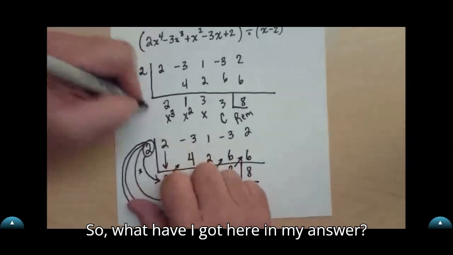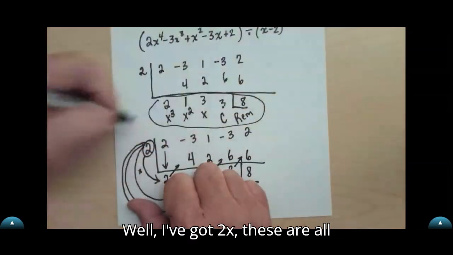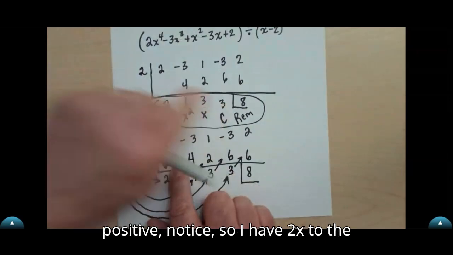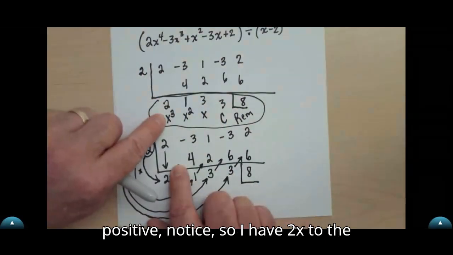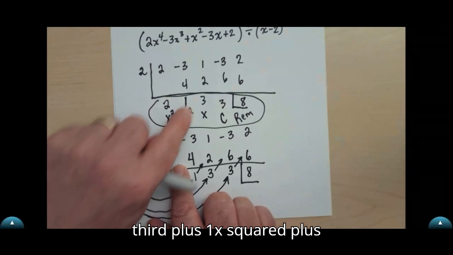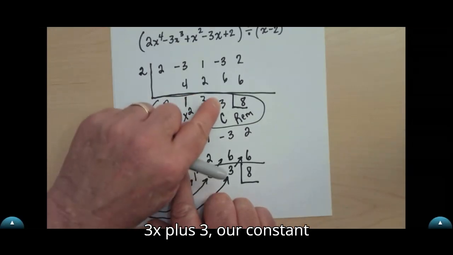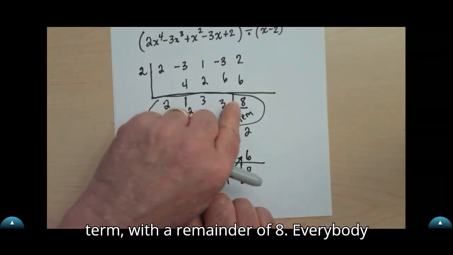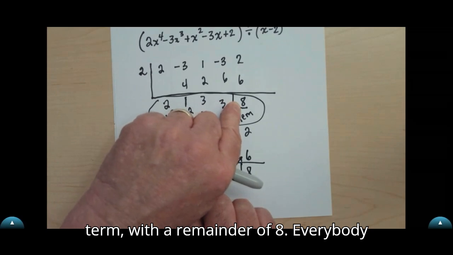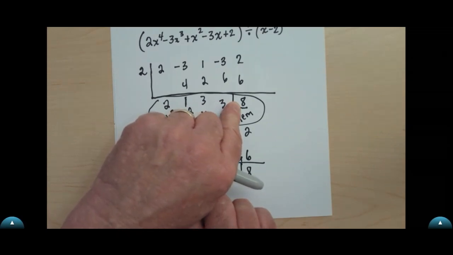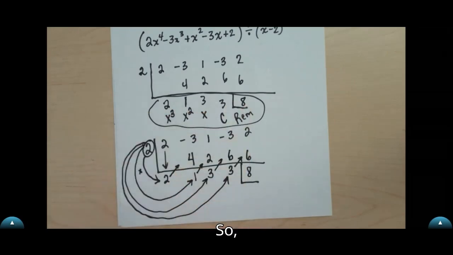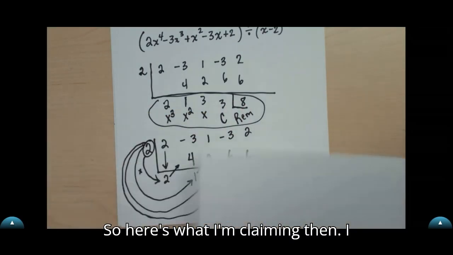So what have I got here in my answer? Well, I've got 2x. These are all positive, notice. So I have 2x to the third plus 1x squared plus 3x plus 3, our constant term, with a remainder of 8. Everybody see that? So here's what I'm claiming then.